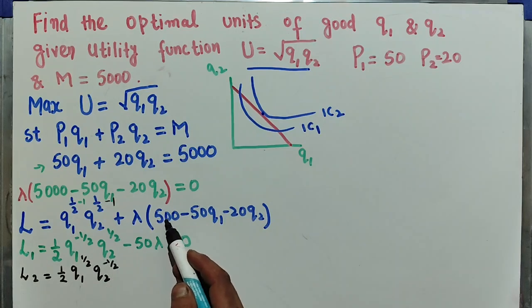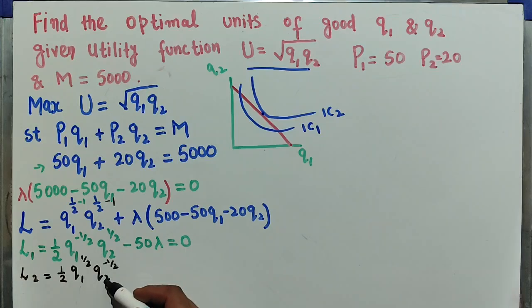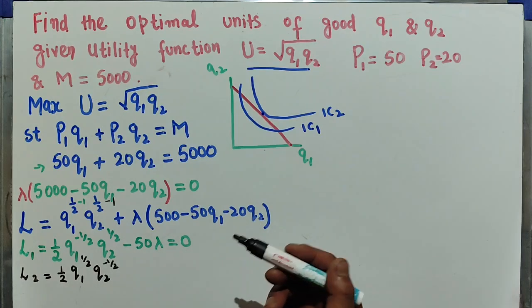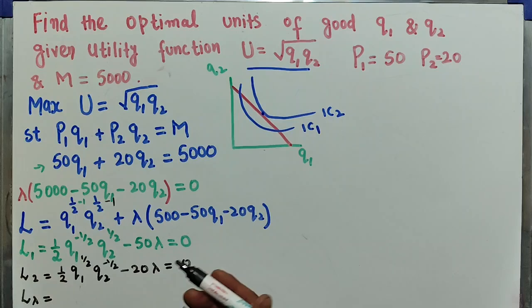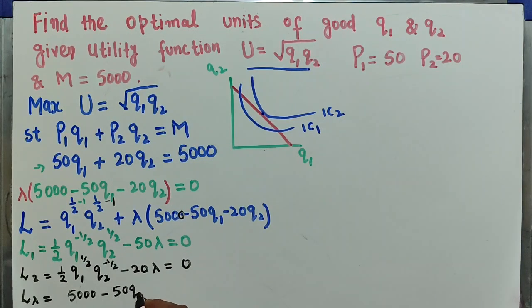The derivative of the constant is 0, and the derivative of Q1 will be 0 because we are taking partials with respect to Q2, and the derivative of Q2 in the last term will be 1, so we are left with minus 20 times lambda, and we set it equal to 0. Similarly, we take the partial with respect to lambda. Since no lambda is involved in the first term, the derivative of lambda will be 1. We are left with 5,000 minus 50 Q1 minus 20 Q2, and we set it equal to 0.